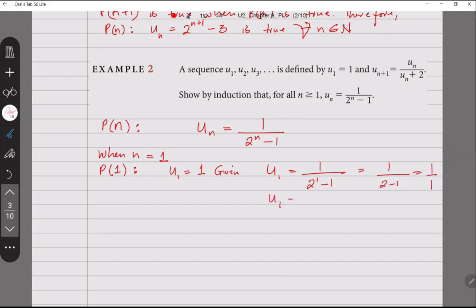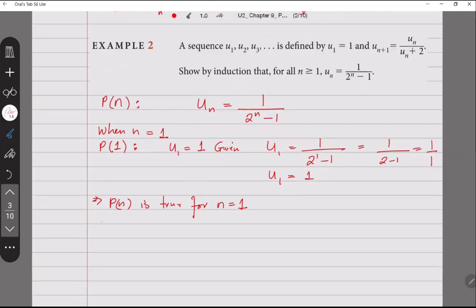So U1 would also be equal to 1. So this appears, therefore, Pn is true for n is equal to 1.